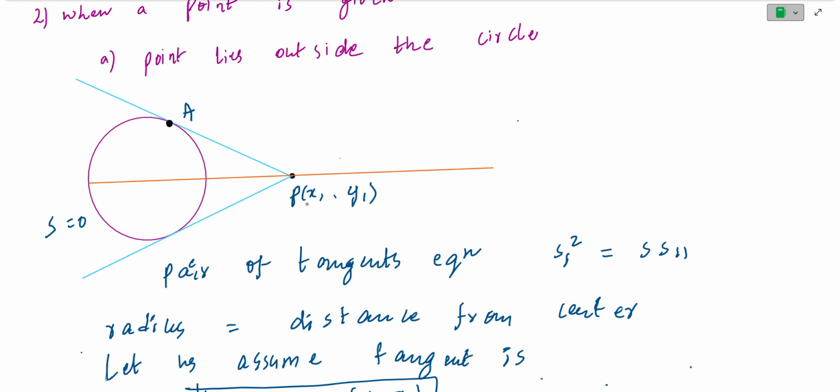So from the given point, if I find the distance from the given point to the point of contact, the PA distance is called the length of tangent.